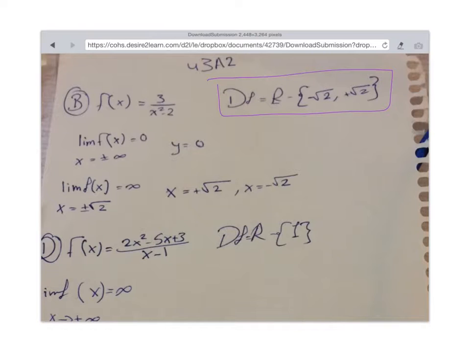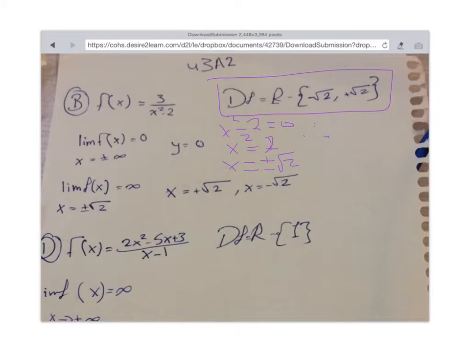What we would do here is we would show that x squared minus 2, when we set it equal to 0, has a solution of x squared equals 2, which means that x has to be plus or minus root 2.